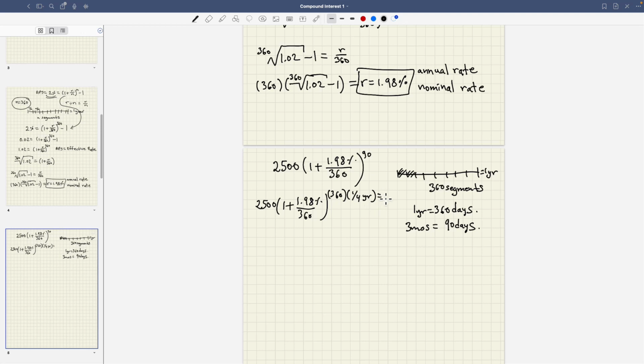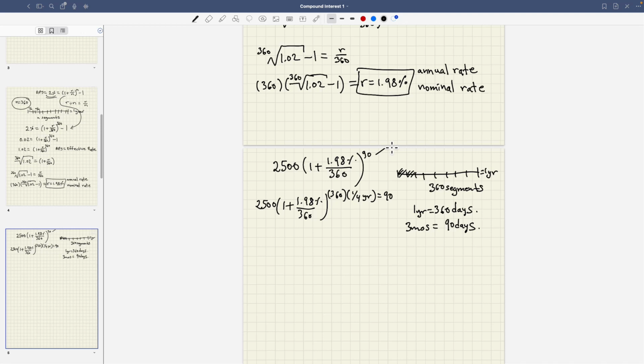And you know that exponent is 90, which is the same as the one we have up here. Anyways, I just hope you understand the exponent is just the number of compoundings that we do. We do 90 compoundings because it's 3 months. If you were to do 360 compoundings, it would be 1 year. Not a biggie, right? Okay, so anyways, let's proceed.